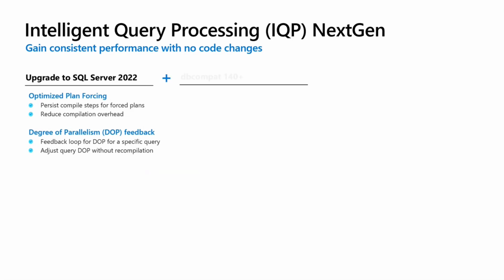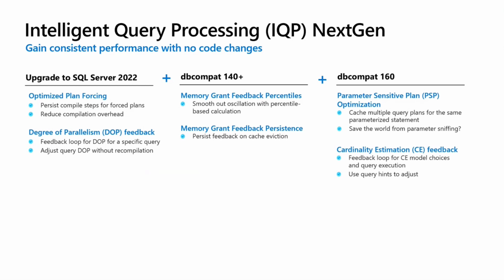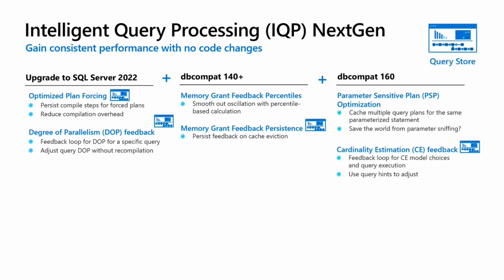Well, first of all, by having SQL Server 2022, then using the latest compatibility level for our user database, which is 160, where we will have these features available, and of course Query Store enabled, which is the default. And then this other feature, parameter-sensitive plan optimization, is trying to address a historical problem that we all have in SQL Server, which is parameter sniffing.